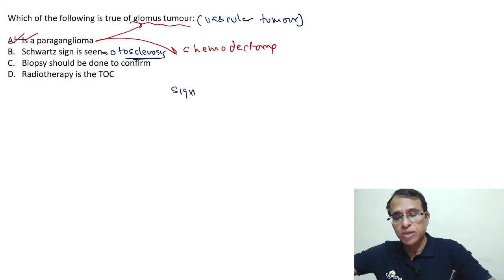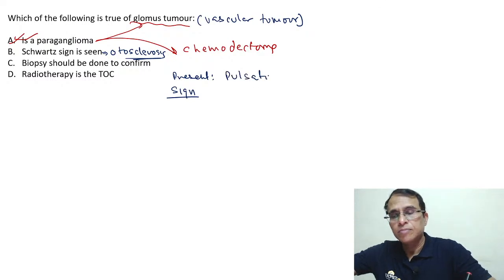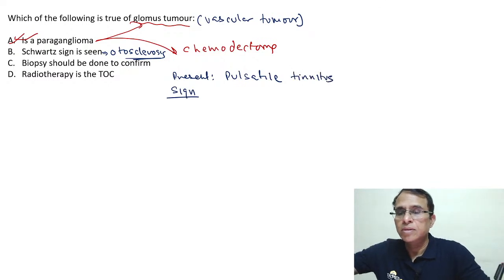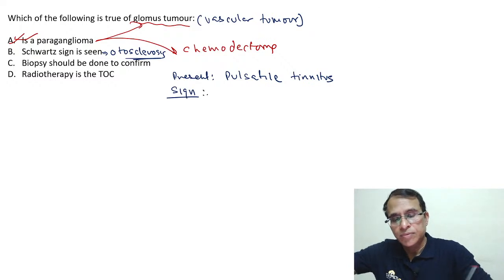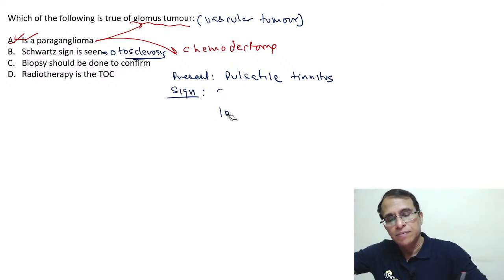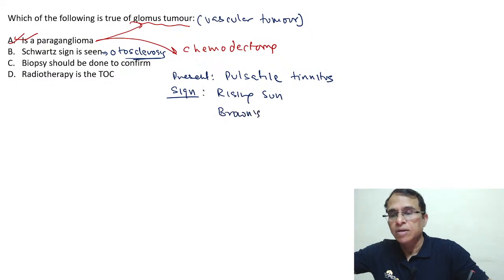About glomus tumor they ask you about signs. Glomus tumor presents as something called pulsatile tinnitus. And signs like rising sun sign, Brown sign, Phelps sign, and Aquino sign.